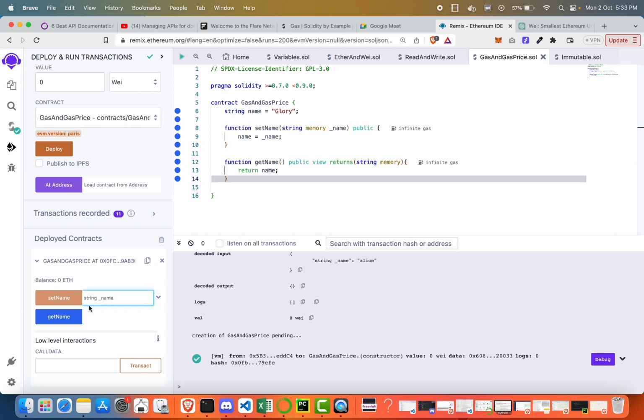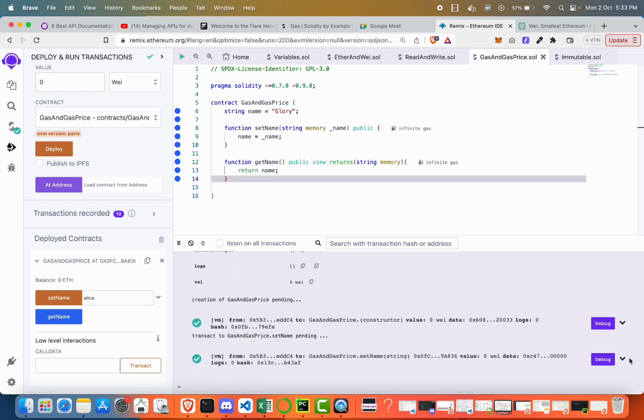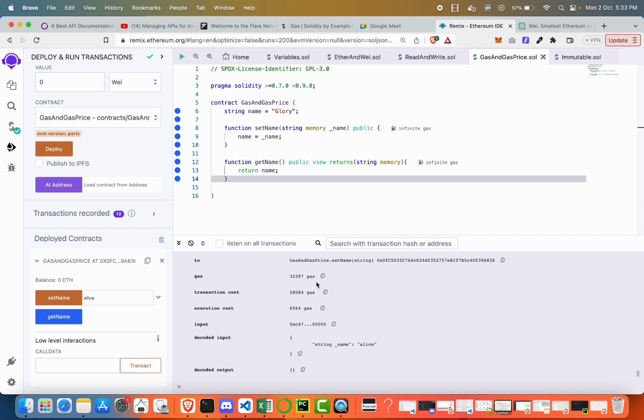So if I put Alice, for instance, as the name, and you click on this log, you notice that there's a gas, there's a transaction cost, and there's an execution cost. This is the unit cost per gas, this is the transaction cost, the cost of submitting this name to the blockchain, and this is the execution cost.